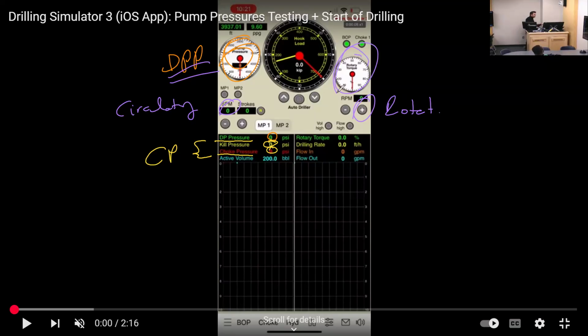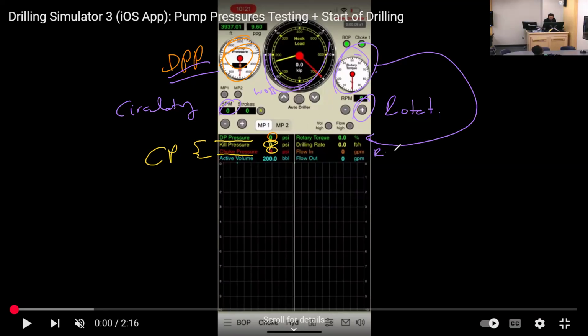And here is what we call WOB, weight on the bit. How much weight you apply on the bit. Now, the torque from here also shows here, just like with the orange.